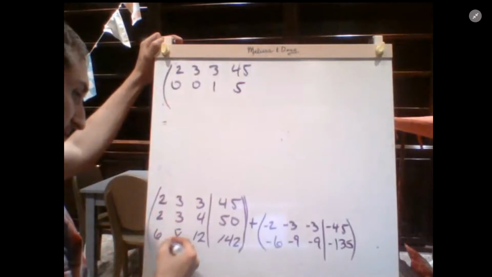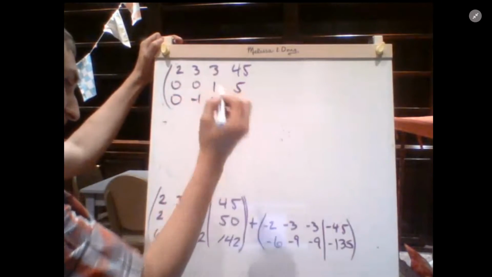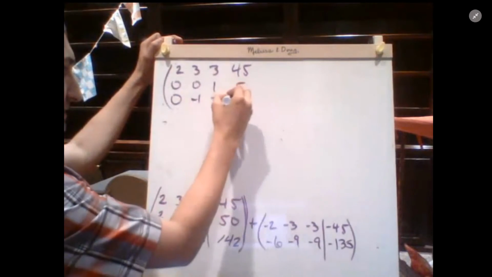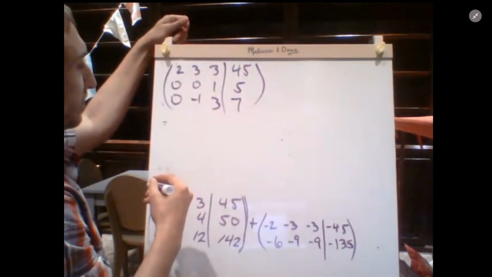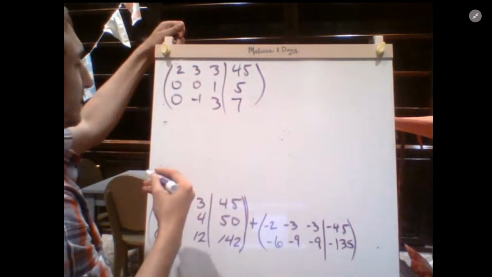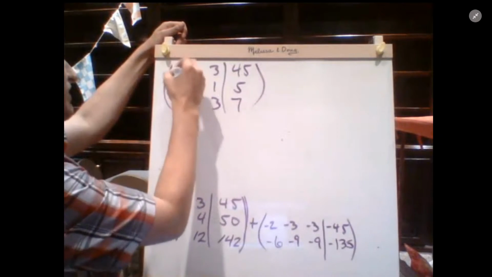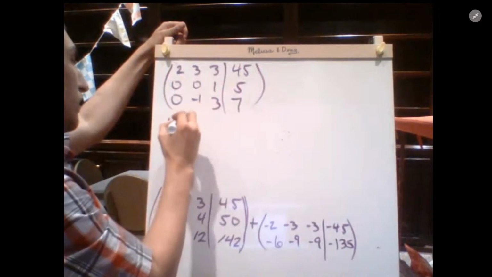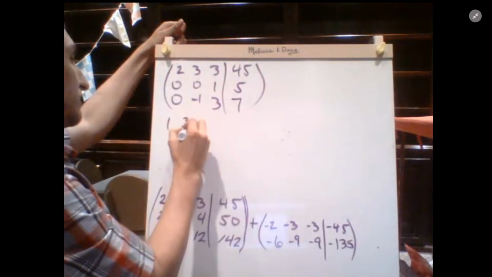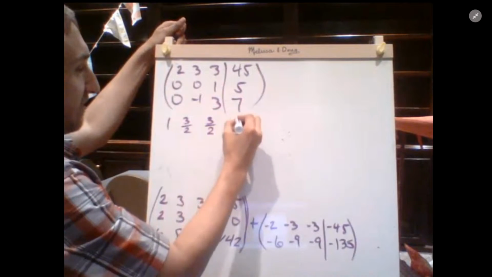Then our last line is going to be 0, -1, 3, and then we'll have 7. So we want to get a 1 in this corner. We're just going to take the first line divided by 2. We're going to have 1, 3 halves, 3 halves, and then 45 halves.